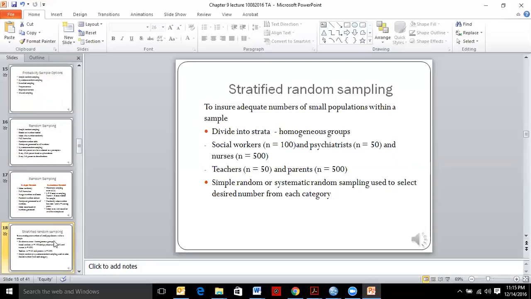For example, social workers, 100, psychiatrists, 50, nurses, 50, teachers, 50, and parents, 500, I'm sorry. And then we use simple random or systematic random sampling to select desired numbers from each category.